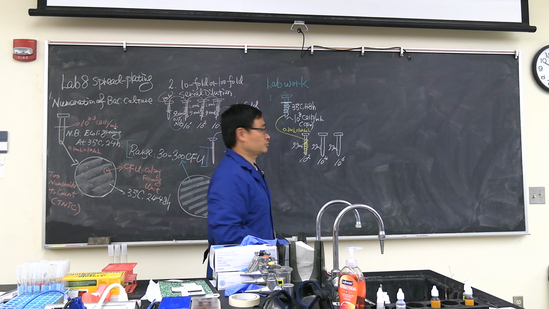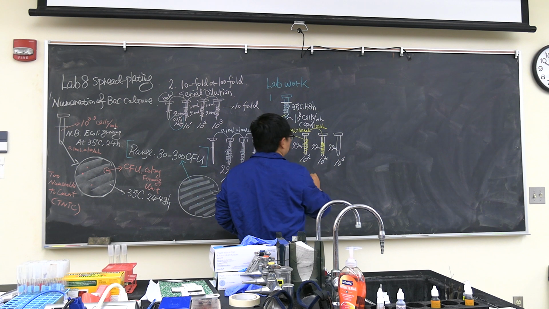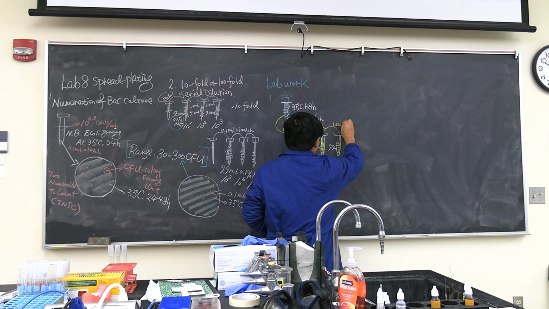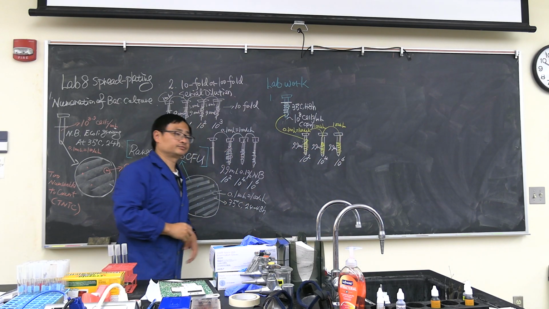Shake 15 seconds. We don't have a vortex. So go here, we're going to add 100 microliter, shake very well, and then go to the third tube, also 100 microliter, shake 15 seconds, do it very, very good.